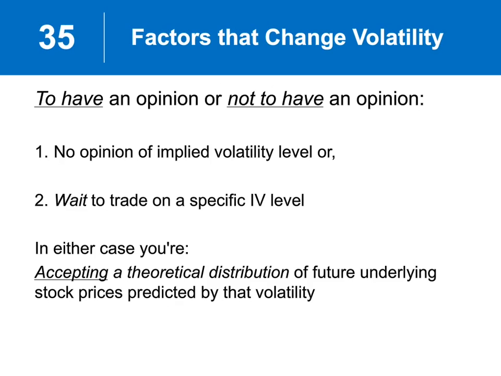Hopefully, if you have positions out right now, you'll go back and look at implied volatility. Or if you don't like the current implied volatility levels, you say, boy, that's too high for me, then you may want to wait. But in either case, when you trade options and you go into the market, you're accepting the theoretical distribution of future underlying prices predicted by volatility.